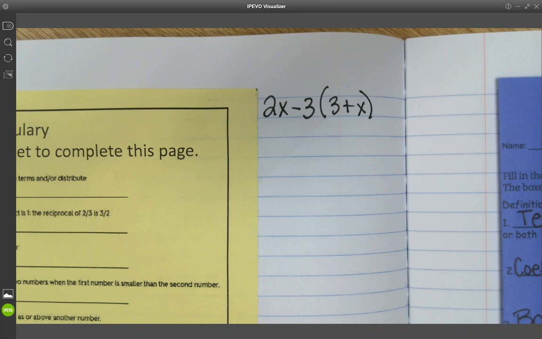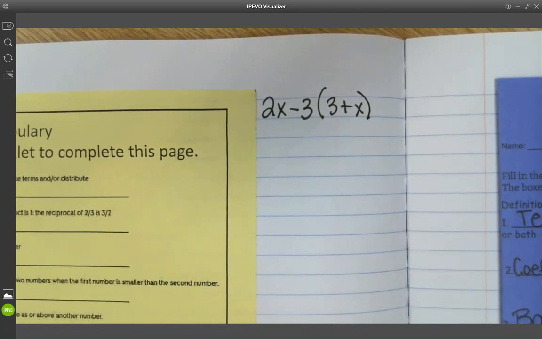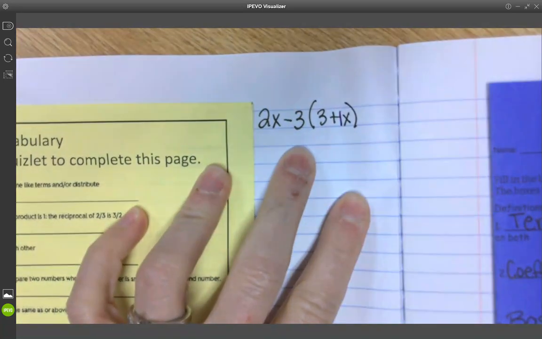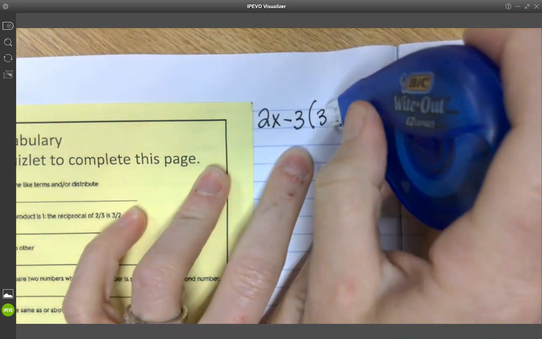You could add a 1 on this x right here. That's the only spot. Almost looks like an H though.